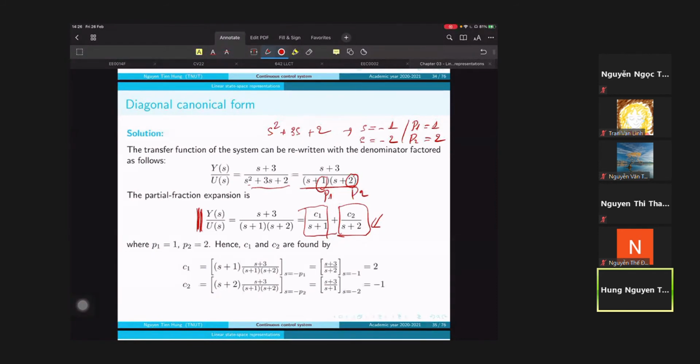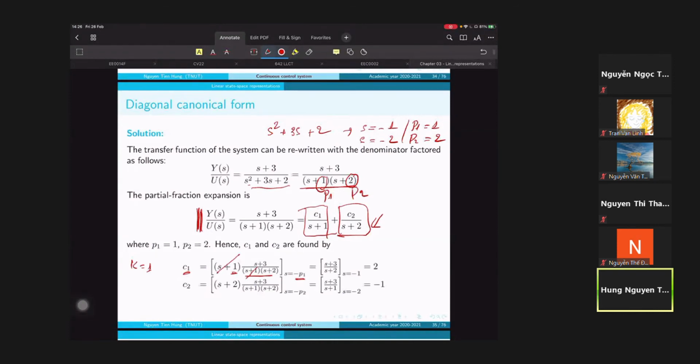To find C1, or k equal to 1, we take (s plus P1), where P1 is 1, and multiply by the original transfer function, and take s equal to minus P1. Then you see we eliminate this by this.